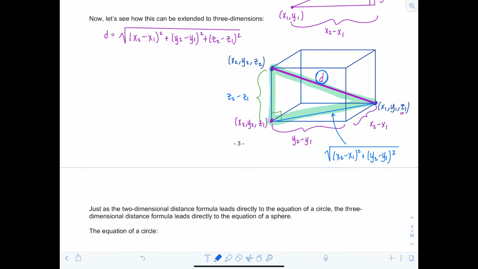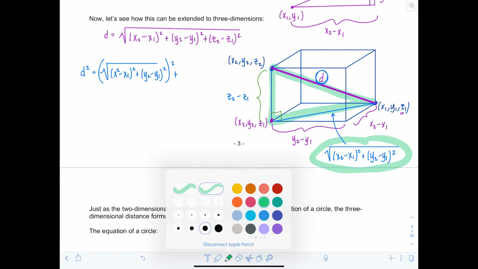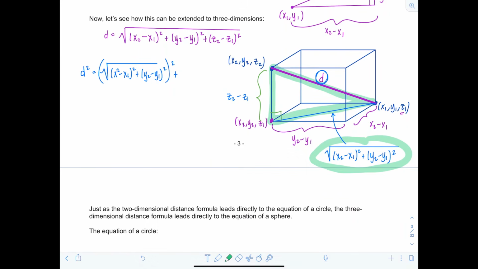So d squared is going to equal, well, I have the base there, which is already this quantity, and I'm going to square it. So I have square root of x2 minus x1 squared plus y2 minus y1 squared, and this gets squared, plus, and then I have this side here squared, so I have z2 minus z1 squared.